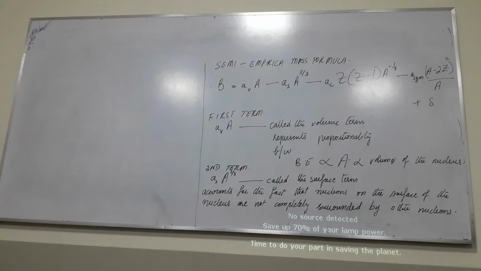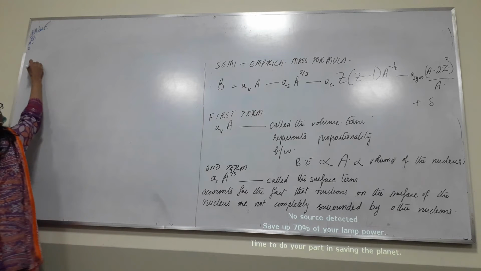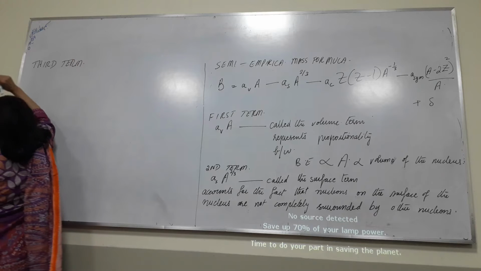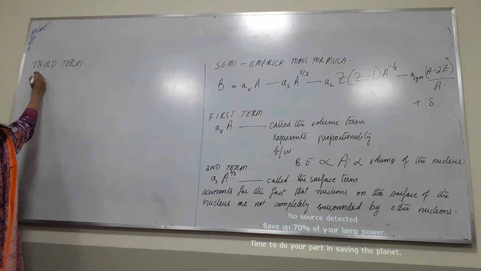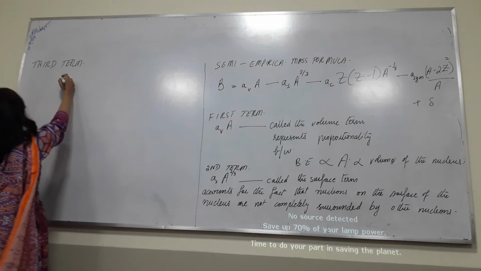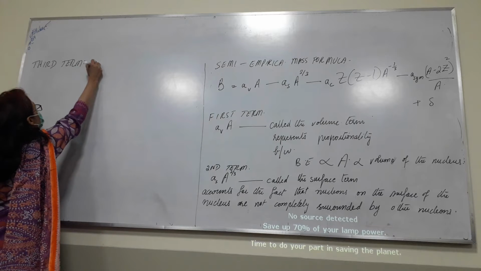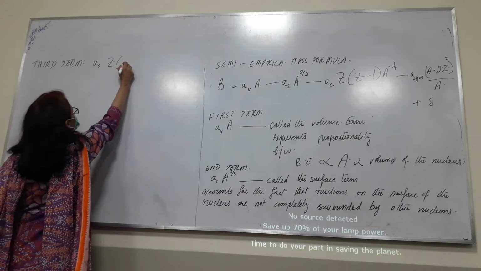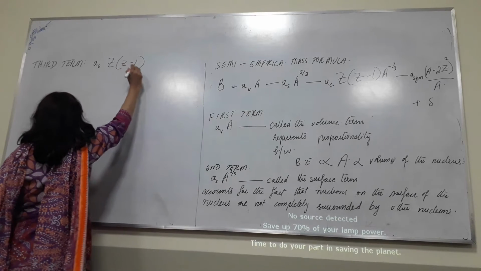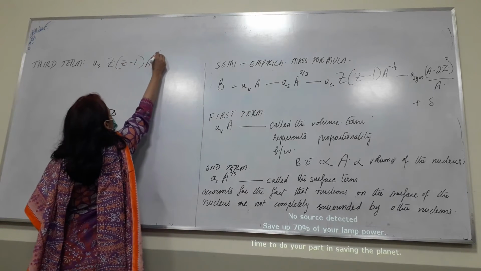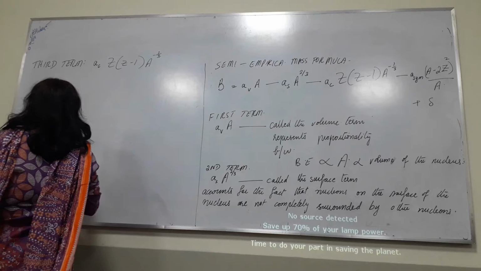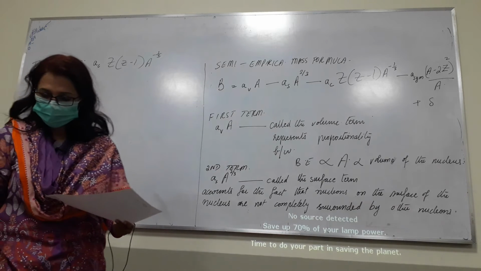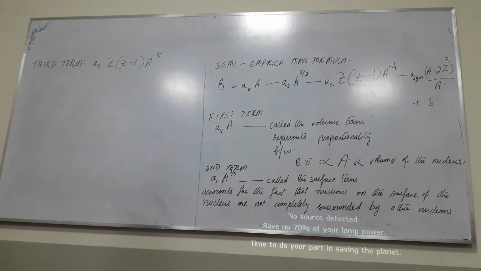Now the third term. So the third term depends on the atomic number multiplied by the inverted power 1/3 of the mass number A. Okay.